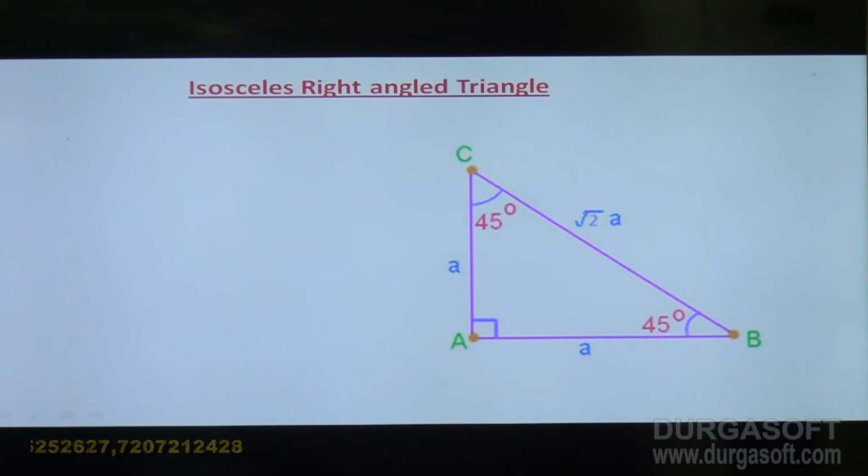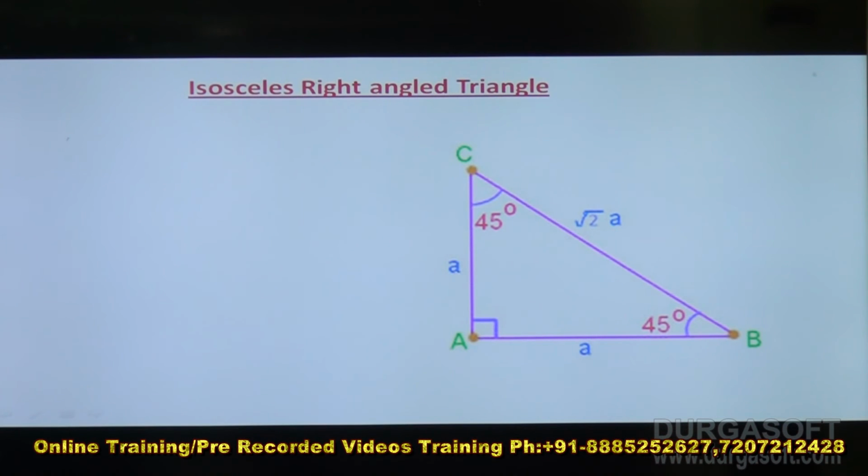One of the angles is exactly 90 degrees, and the other two angles are 45 degrees each. And for the sides, we can consider side AB as A, side AC as A, and side BC will be root 2 A.